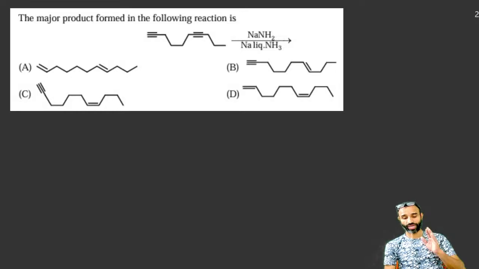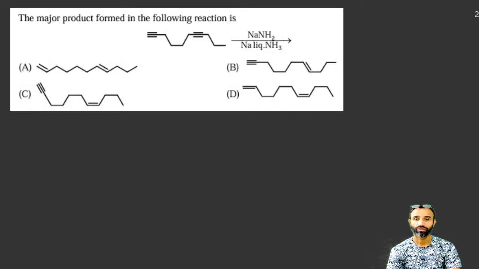Okay, so next is major product formed in the following reaction. So we have one terminal alkyne and another one is a non-terminal alkyne. So it is treated with sodamide followed by sodium in liquid ammonia.